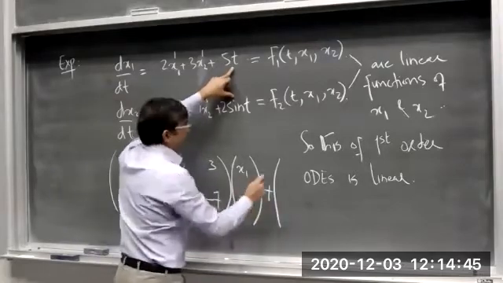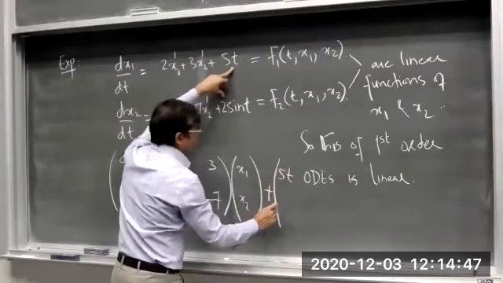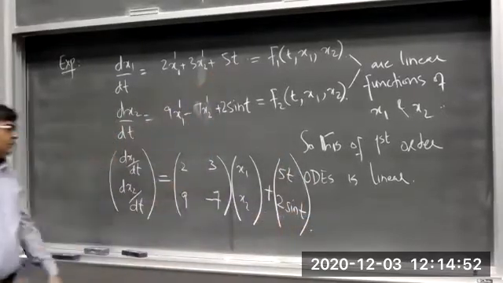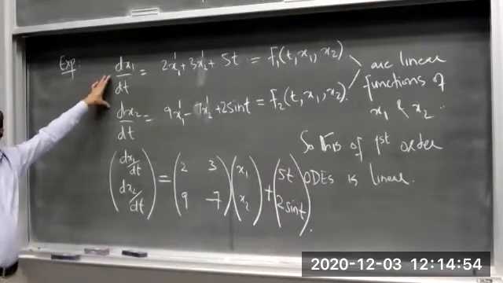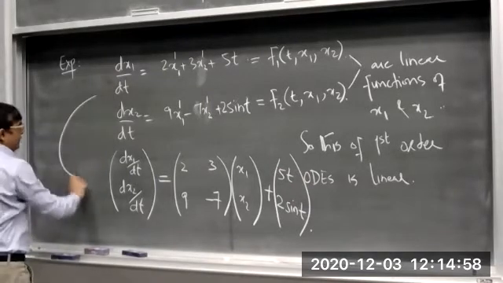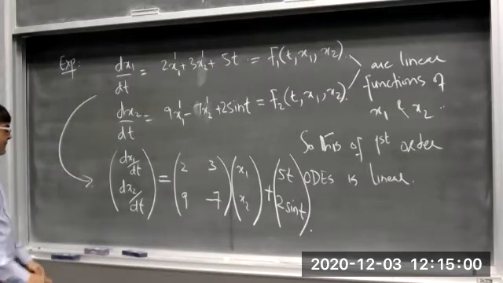So we can write another vector here, 5t and 2 sine t. So every linear system which is linear in x and y can be written in matrix form.